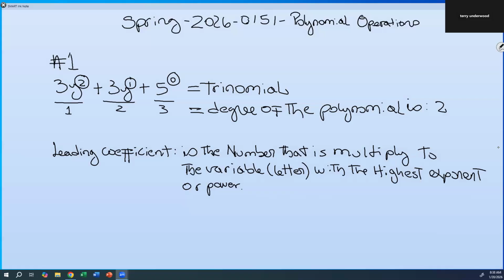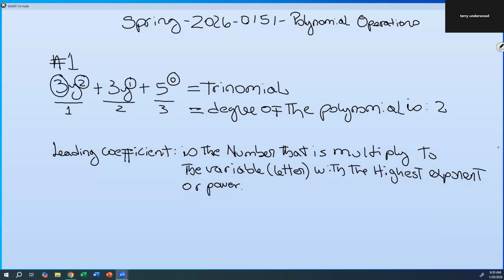Because what is the number? Now we have three numbers here in this trinomial. The first term has a number 3, the second term has a number 3, and the third term has a number 5. Which of these is multiplied to the variable, or the letter, that has the highest exponent or power? Of course, it's 3. The first 3, this one.